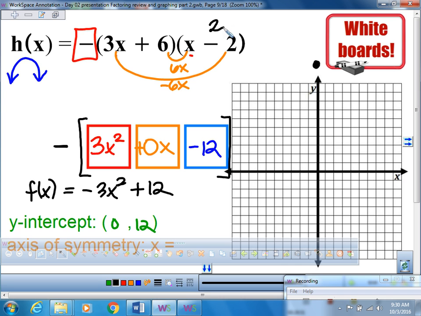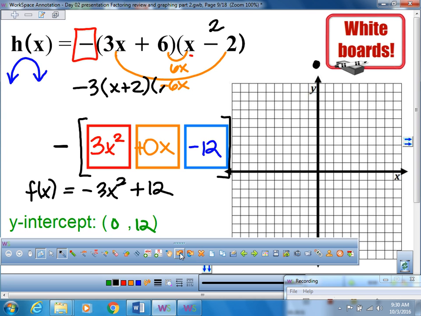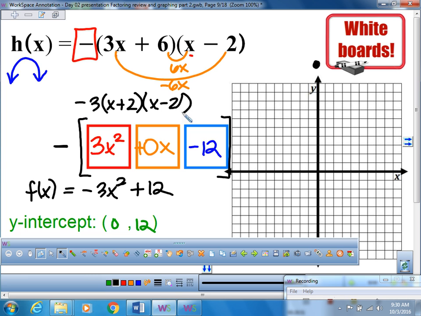If I were to pull out a 3, it would be -3 x plus 2, x minus 2. Let's make it a little bit further down. Negative 3, x plus 2, and x minus 2.